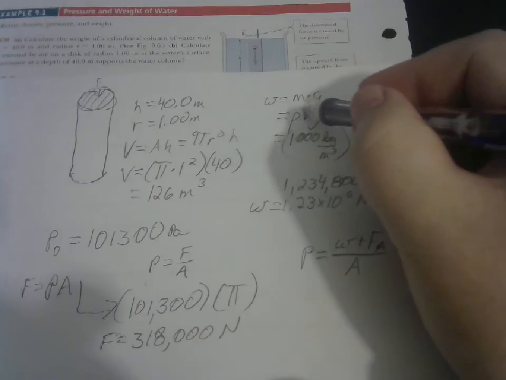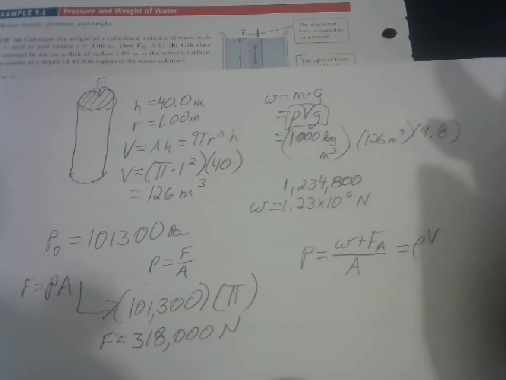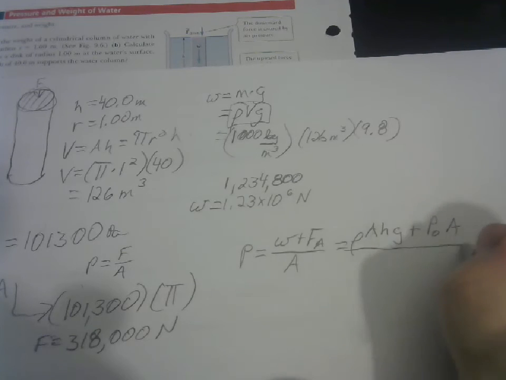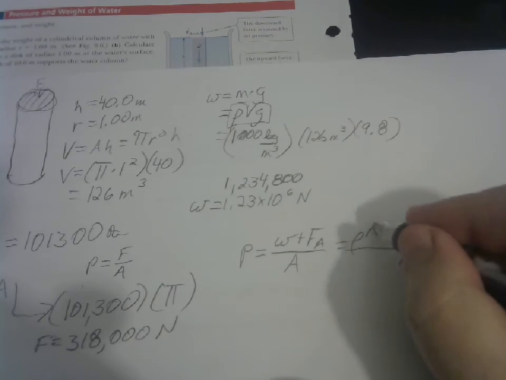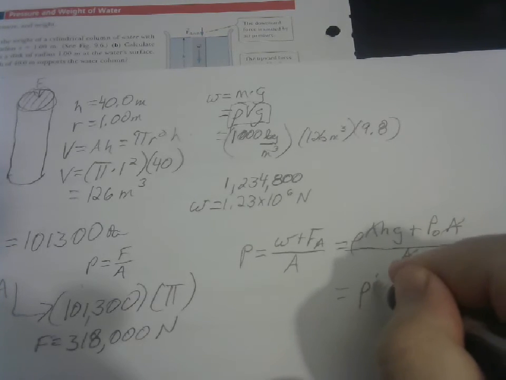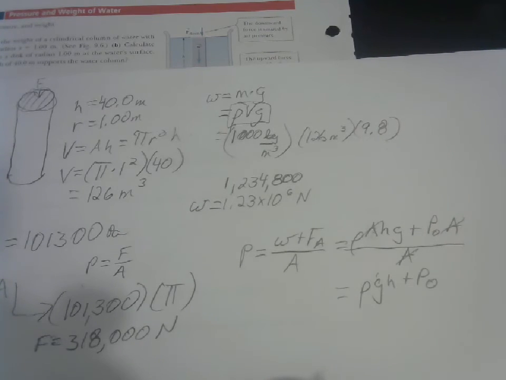The weight, when we had it earlier, was rho times volume, and the volume was area times height, times g. And the force of the air is the initial pressure times area. And we divide that by area. So you could cancel out area, area, area. And so it'll be rho g h plus P sub naught. So that's one way we could calculate it.